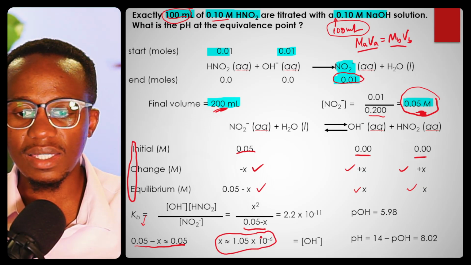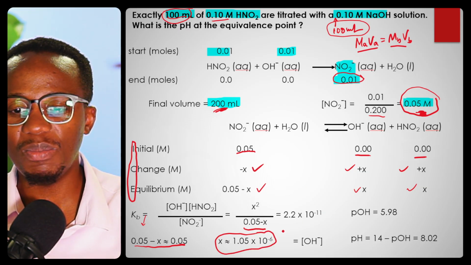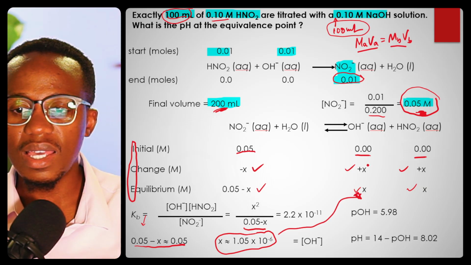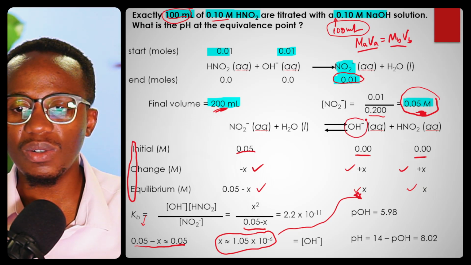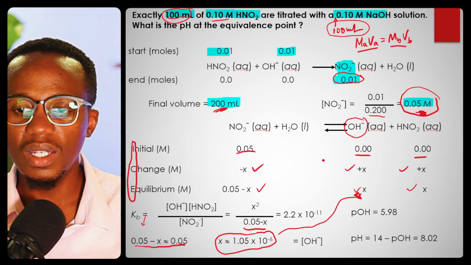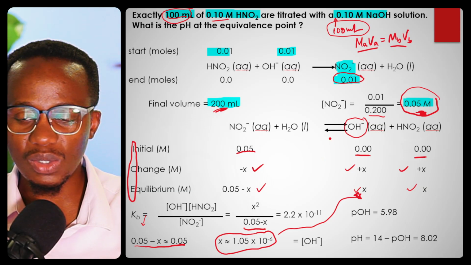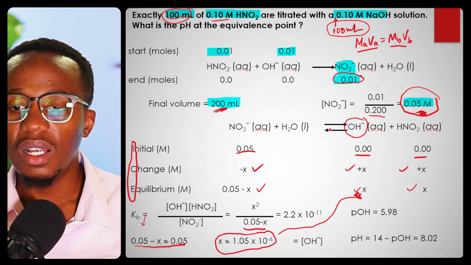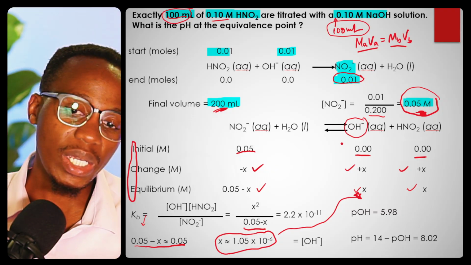And then the x that we get, guys, this is actually important. The x that we get when we have a base system, if you can see, the x is the OH minus concentration. Why is that important? We cannot find pH with OH minus concentration, but what can we find?